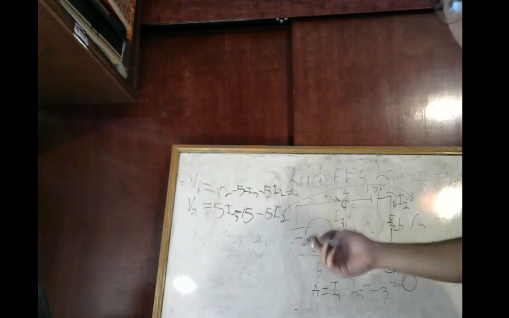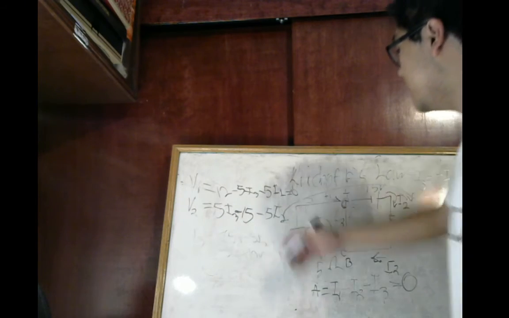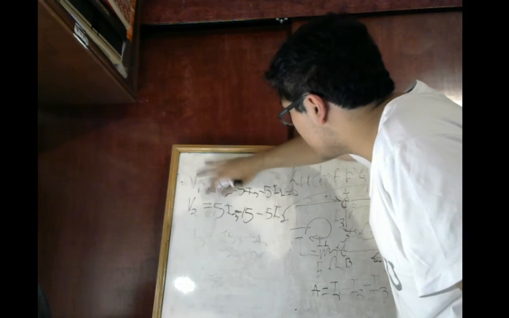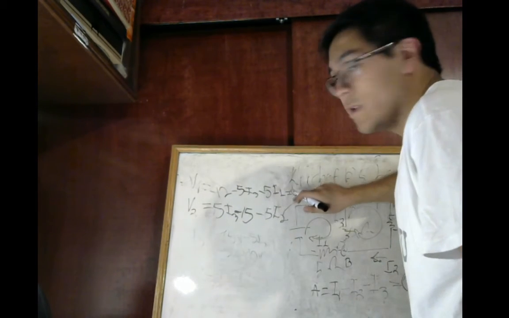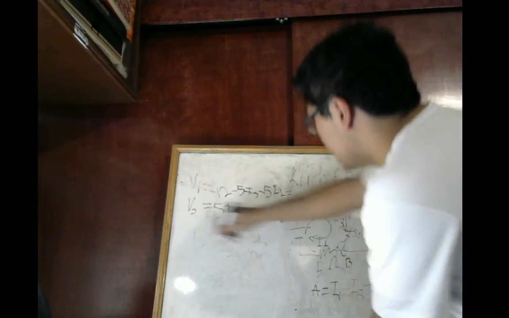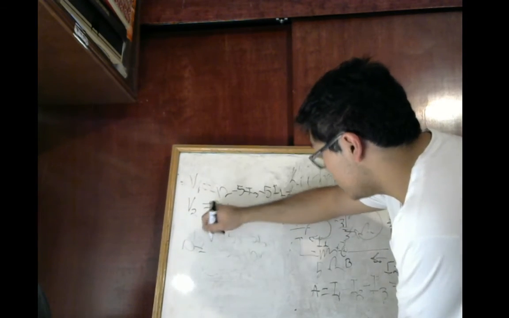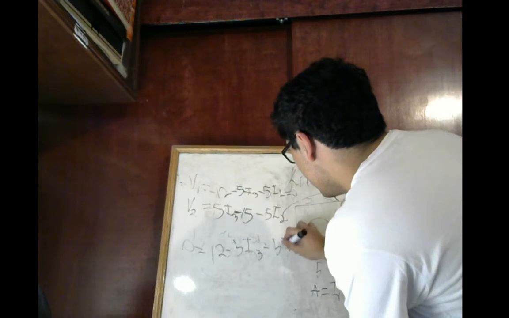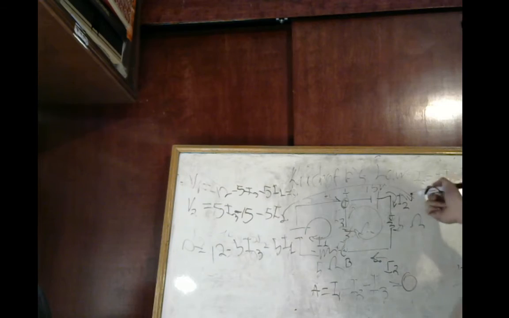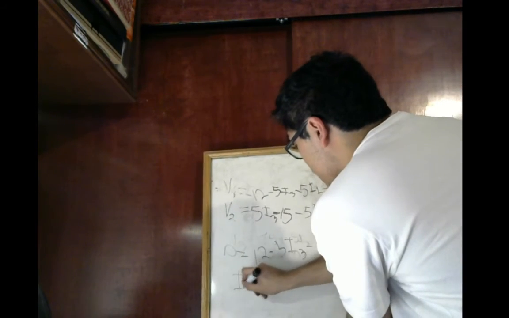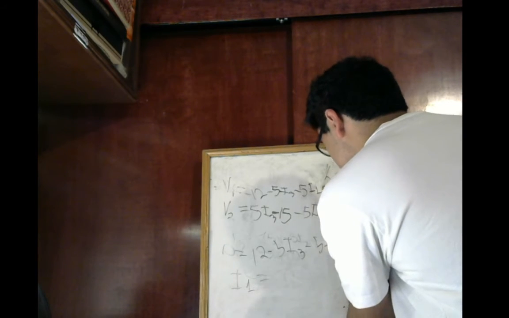So you could clear this up, and as I said, this part is not more important because you get that the voltage is equal to 0, right? So you would basically have that 0 is equal to 12 minus 5 times I3 minus 5 times I1. So hey, let's solve this part.